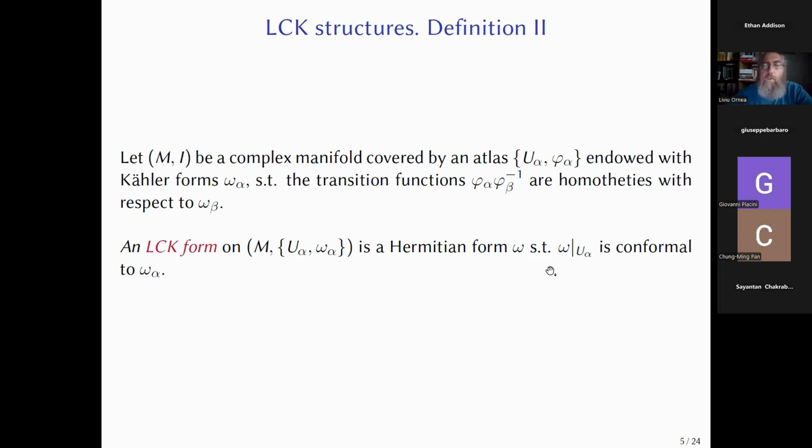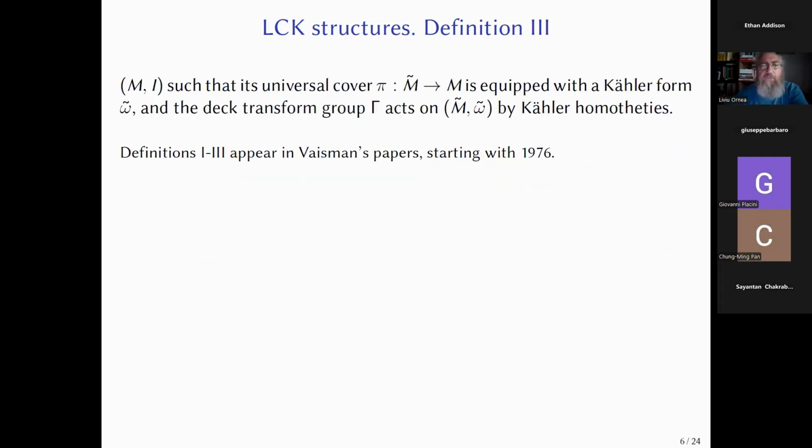So that's the geometric definition, say. This definition is easily moved to the universal cover, or it appears like this in Vaisman, explicitly or implicitly.